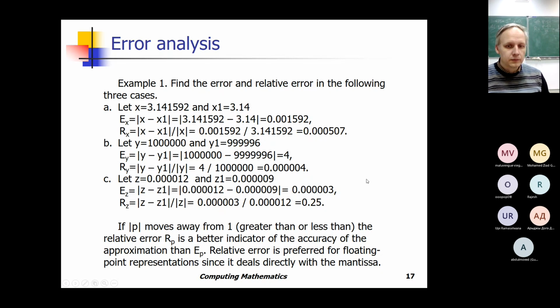So if the true value P moves away from 1, it means that P is significantly larger or significantly smaller than 1. In this case, relative error is a better indicator of accuracy.